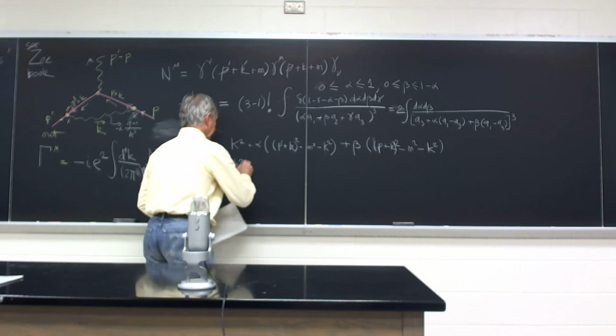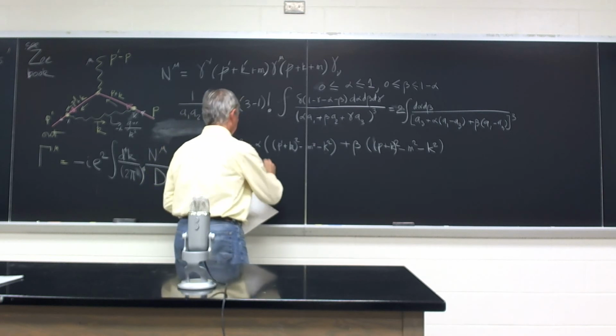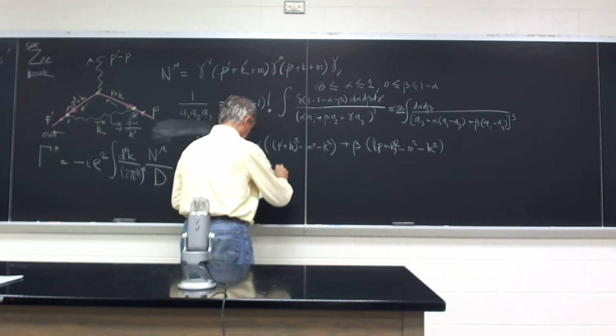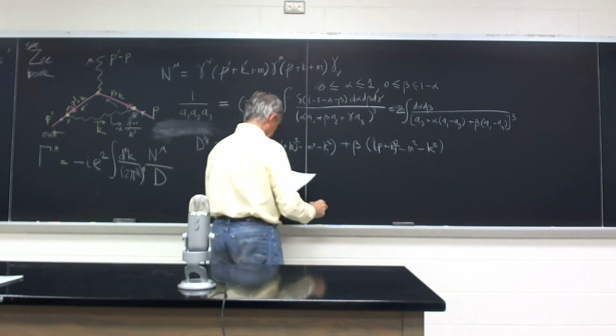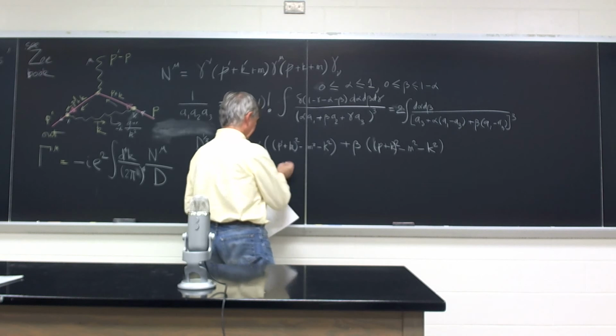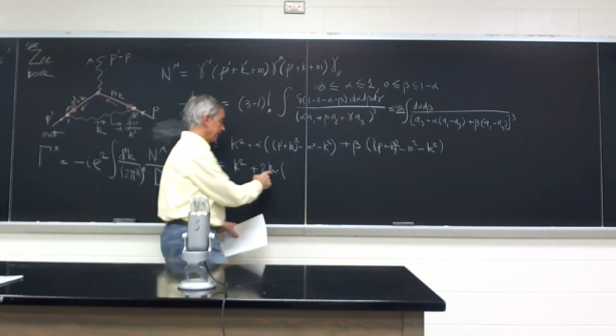Let's see. It becomes k squared plus 2k dot, and these are 4-vectors, so this is a 4-vector dot. I don't have to write it in, but that's what it means.